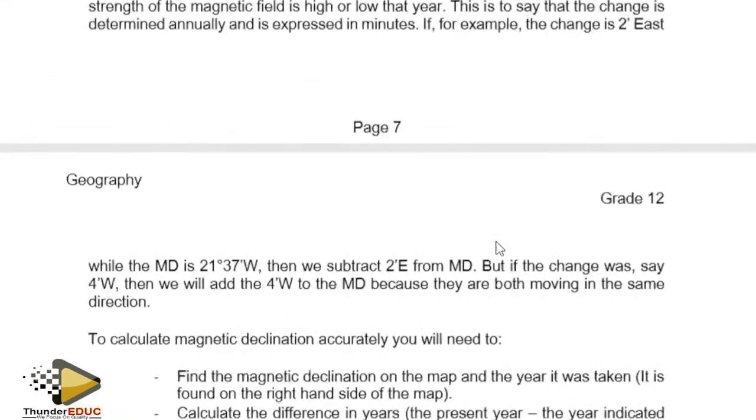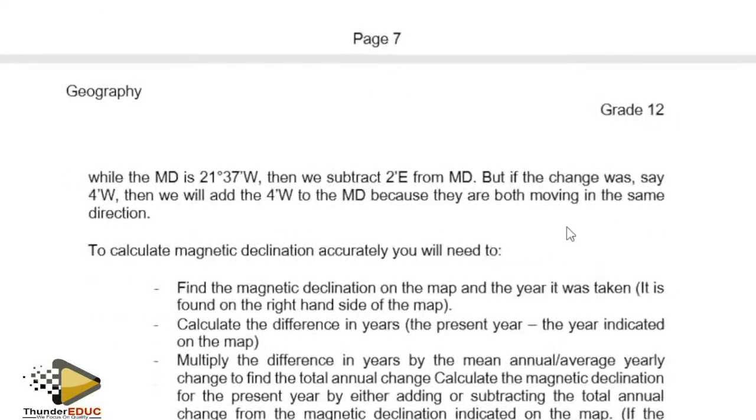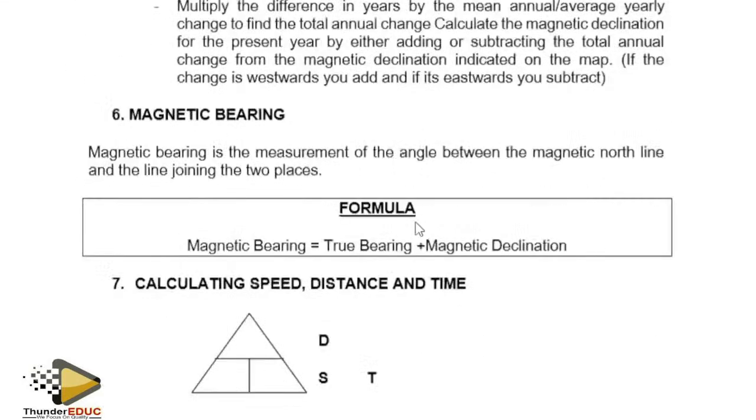So I expect learners to familiarise themselves with that, such that if that number comes, we don't fail. Now, after calculating magnetic declination, we can determine, you remember the formula I said, magnetic bearing equals true bearing plus magnetic declination.